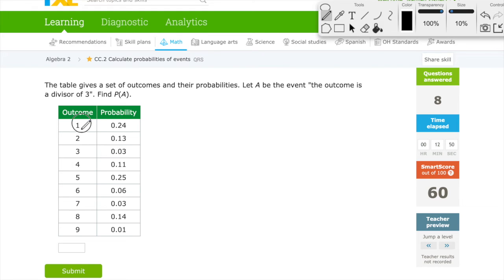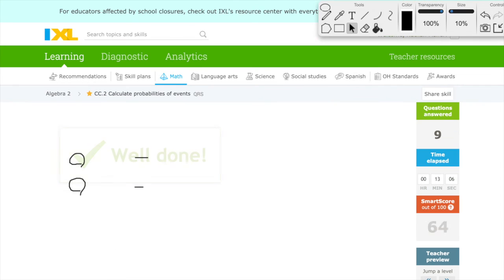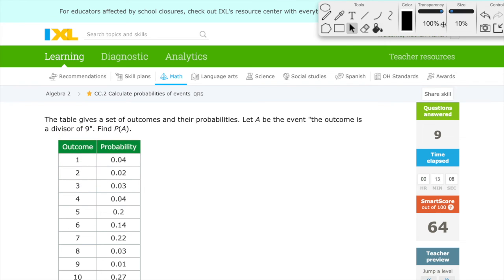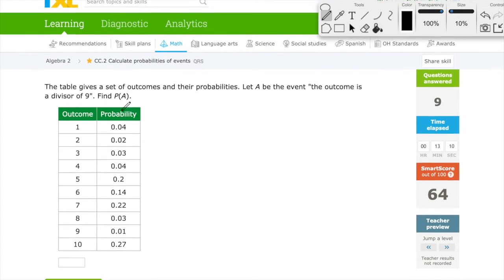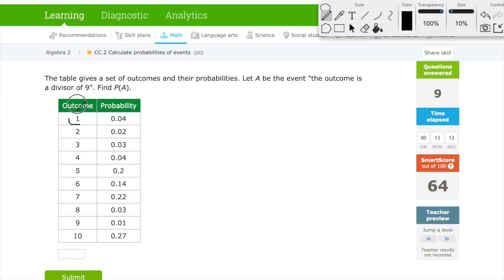Divisor of 3. 3 divided by 1 gives you 3. 3 divided by 3 gives you 1. All these are bigger than 3, so they're all going to give me decimals. If I add those together, 24 and 3 would give you 27. So 0.27. Divisor of 9. 9 divided by 1 is 9. 9 divided by 3 is 3. 9 divided by 9 is 1.